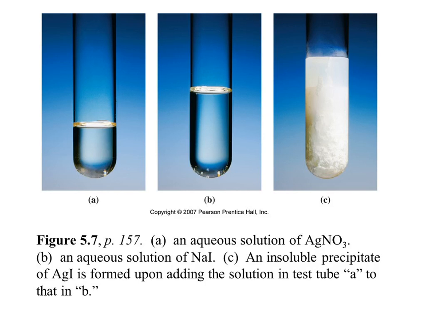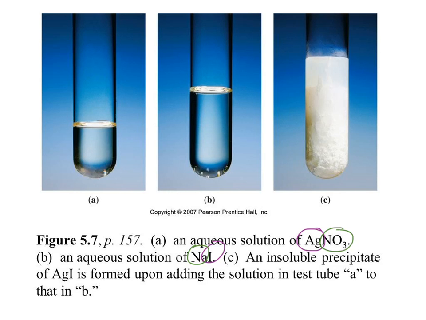So remember what an ion exchange reaction is. Like I said, we'll be talking more about these, but what's going to happen is your silver is going to go with your iodide, and your sodium is going to go with your nitrate. They're going to swap partners.